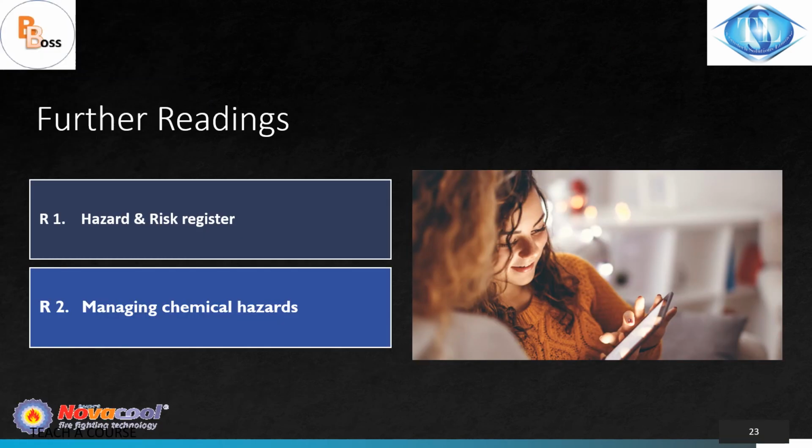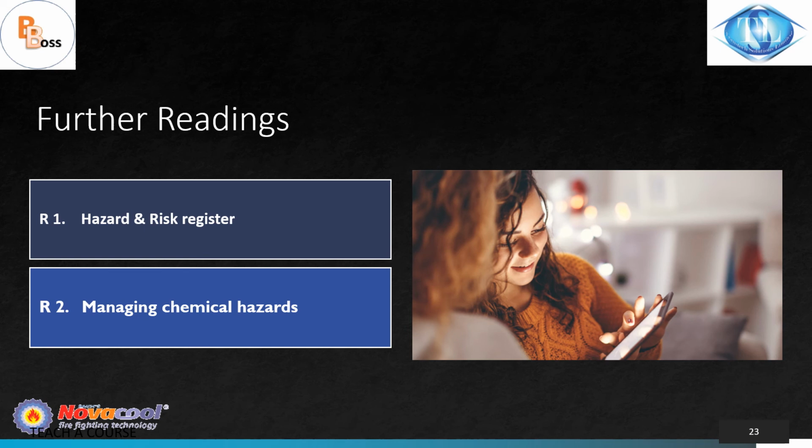Okay, further reading for this one: the hazard and risk register. Each facility should have what we call a hazard and risk register, where they list all the hazards they have and who is exposed, and they assess the risk using the qualitative matrix.